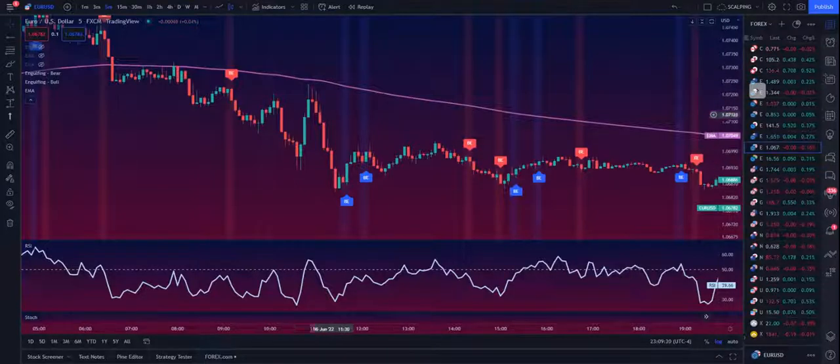Use a pair that has good volume, that's going to get you minimal spreads, because again, scalping is high, oh my gosh, I can't think of the word. High, meaning we trade a lot of trades.